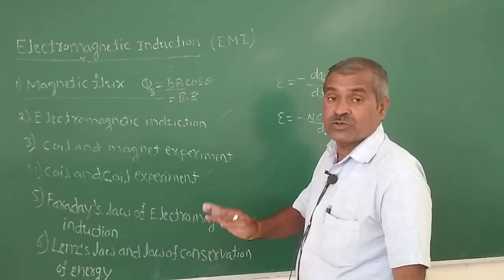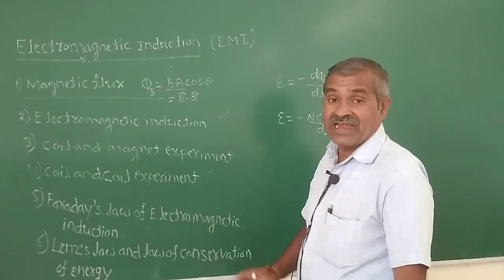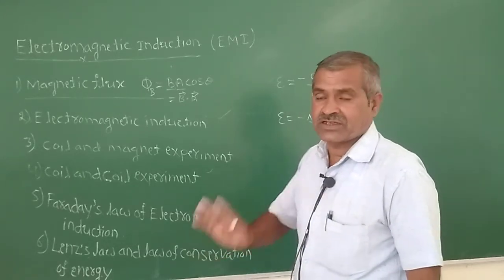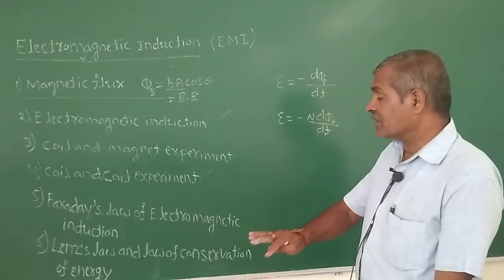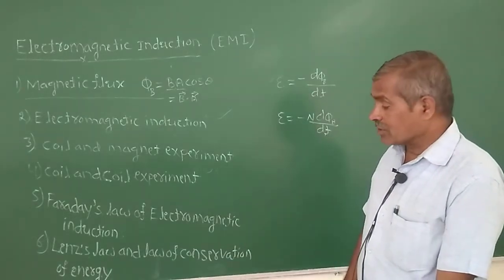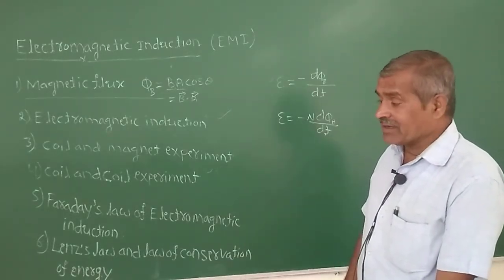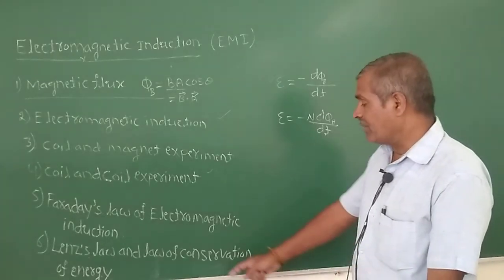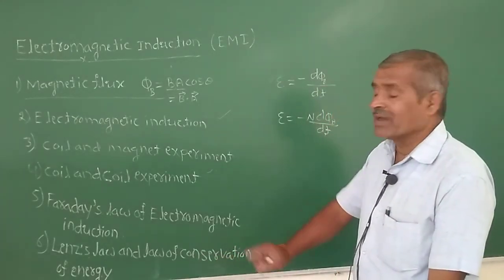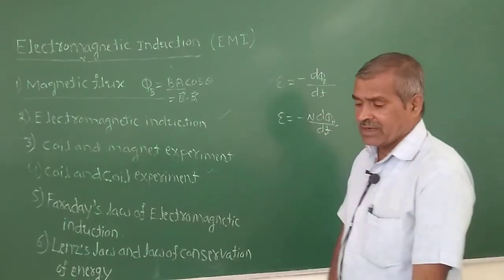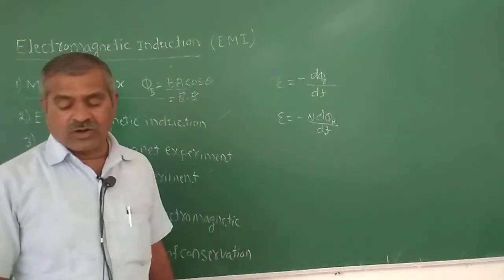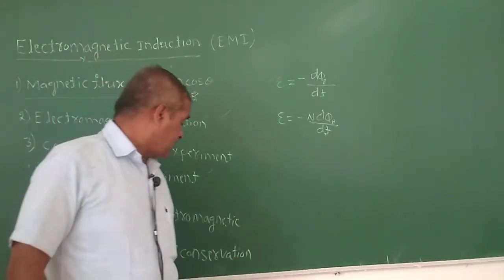The galvanometer shows a deflection, but in the opposite direction. So this verifies the law of conservation of energy. This is Lenz's law, that is, the law of conservation of energy.